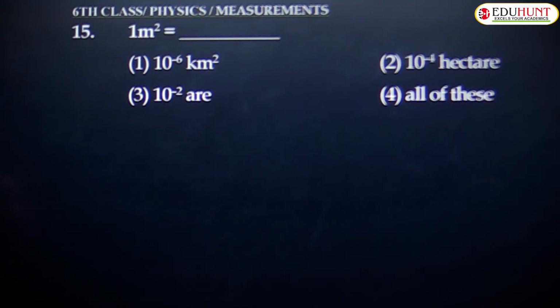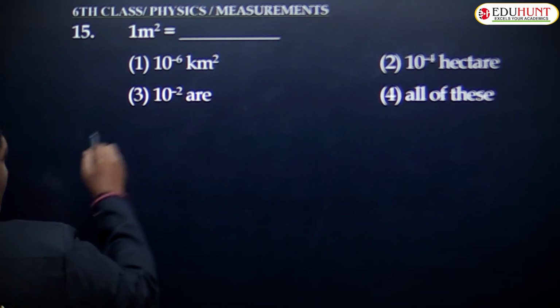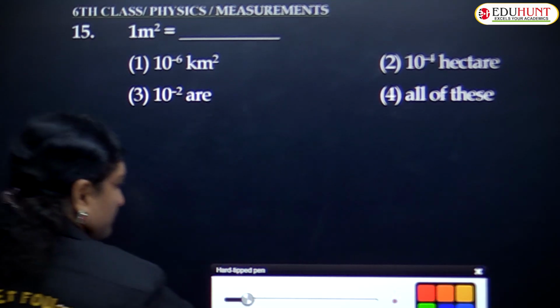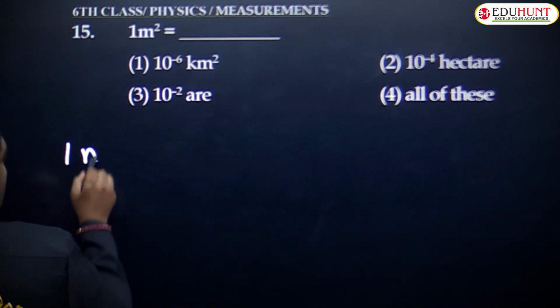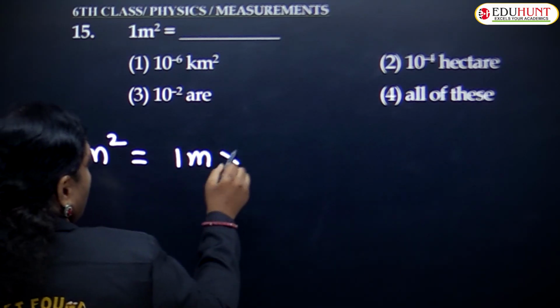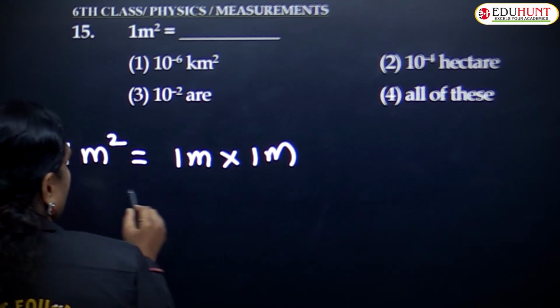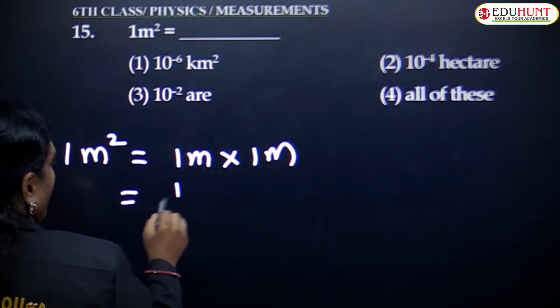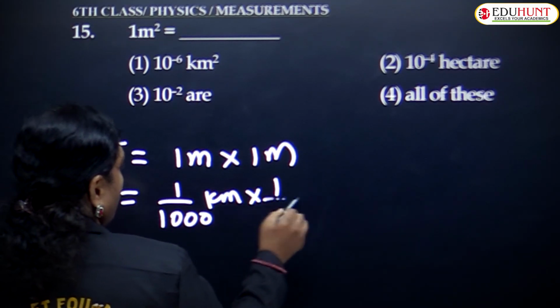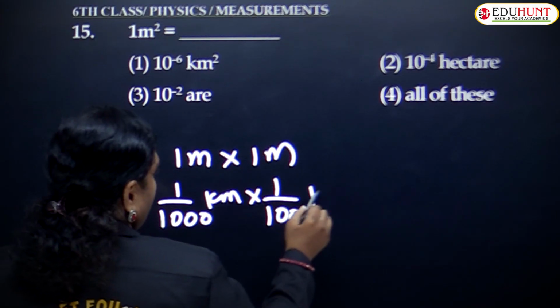Next, again we need to convert 1 meter square in terms of all other units. So 1 meter square is nothing but 1 meter into 1 meter. 1 meter is again 1 by 1000 kilometer into 1 by 1000 kilometer.